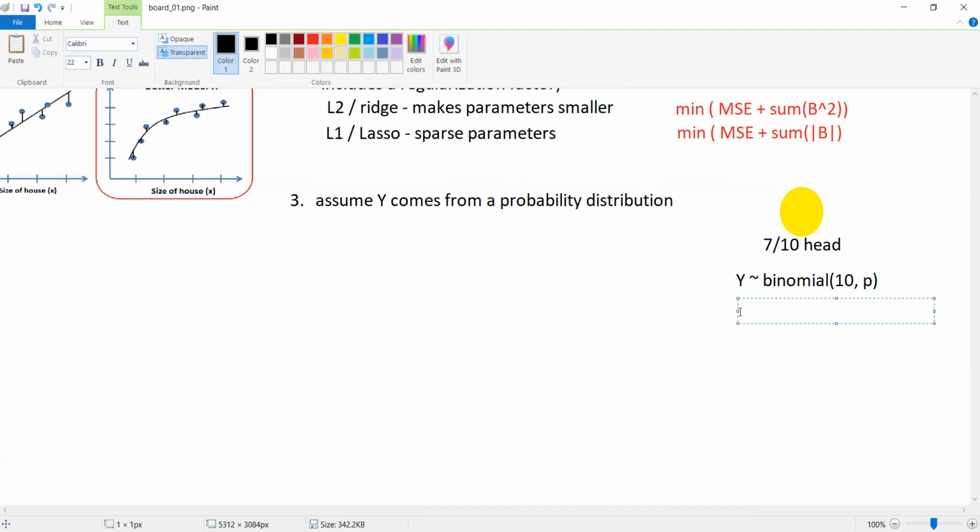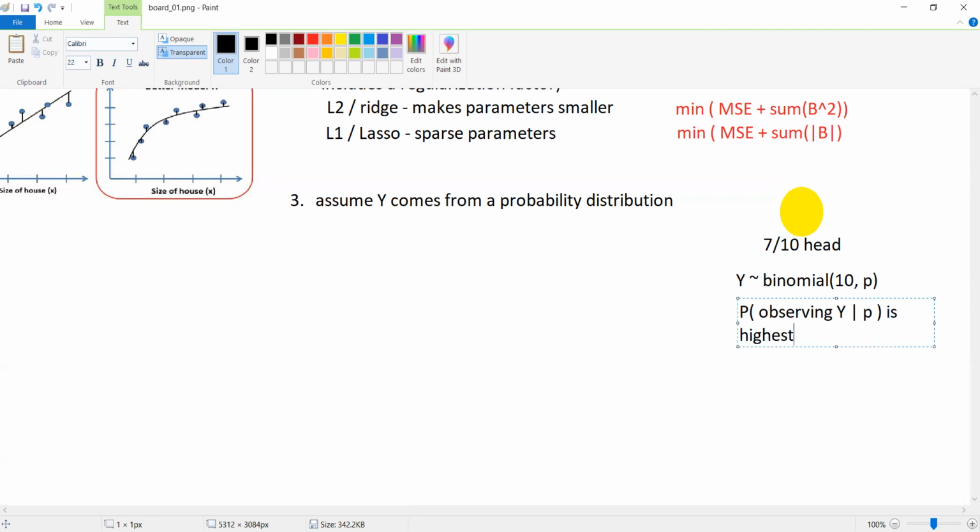such that the probability of observing the actual y that we observed, so observing 7 out of 10 heads, given that p is highest.